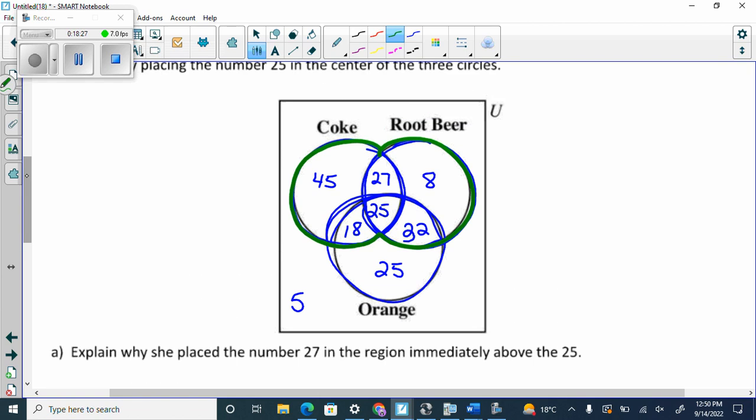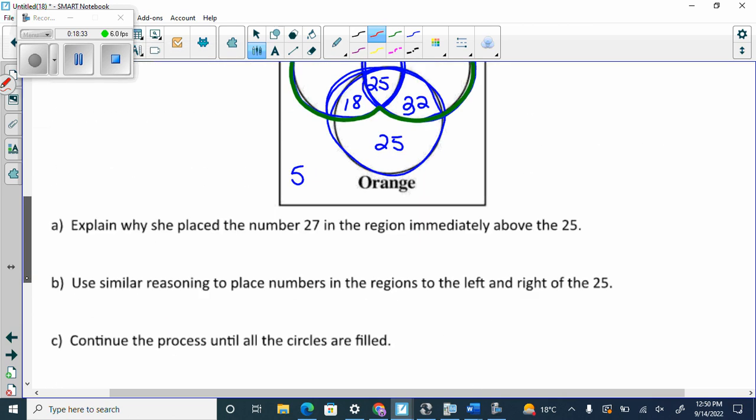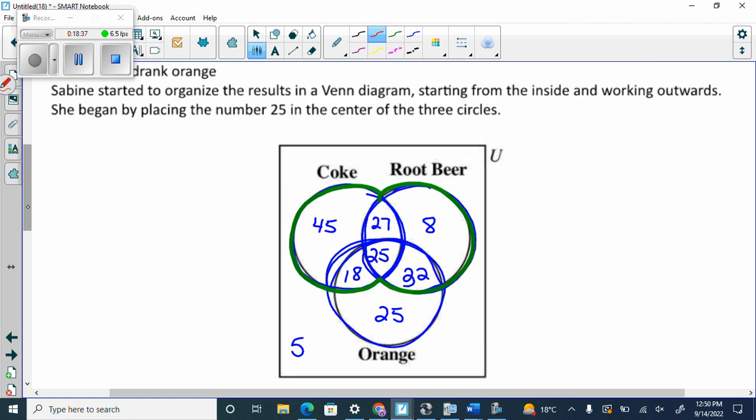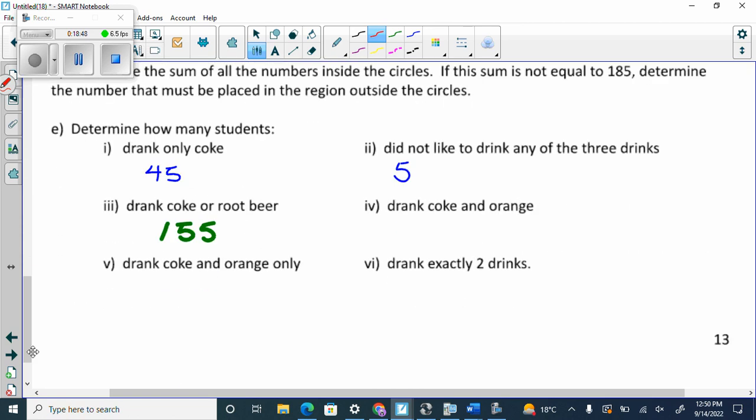All right. Coke and orange. Was it Coke and orange only? Coke and orange, and then Coke and orange only. So Coke and orange is this, right? Coke and orange only is only 18. So how many were in the Coke and orange? 33. And then 18.